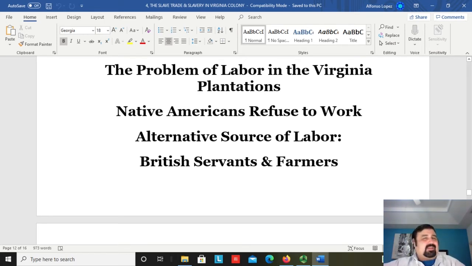And initially they did. In the very first years of the colony, Native Americans were invited. They were brought into the plantations. They taught everything to the planters, by the way, about the plant. But eventually the Native Americans refused to work in those plantations because they did not understand the meaning of growing so much tobacco for exports.